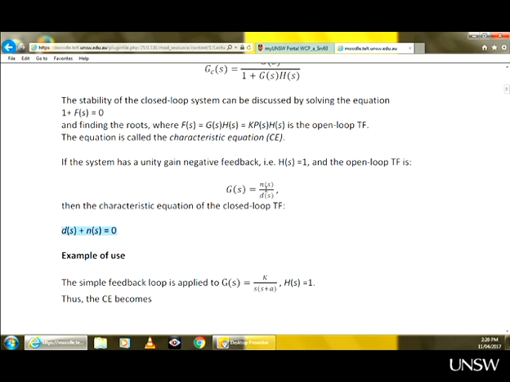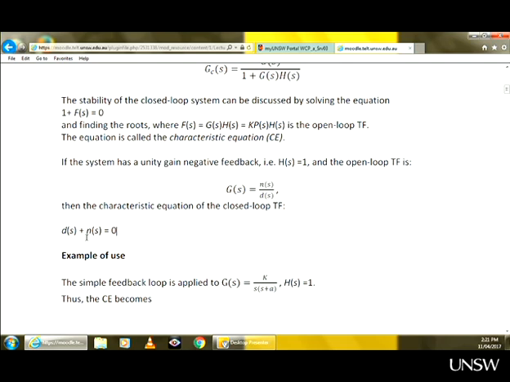If you check what we did in this example, that's what you're going to get. So the sum of the two polynomials is your new denominator, which forms the characteristic equation of the closed-loop system. And somewhere in the numerator, you have that parameter k that we will play with.